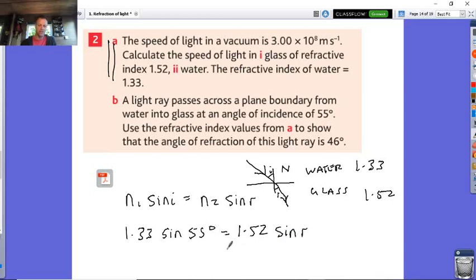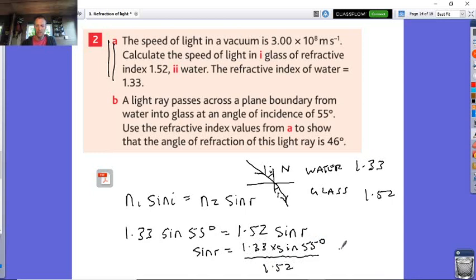Now, rearrange the equation: I then know my sine r is going to equal 1.33 multiplied by sine 55 degrees, divided all by 1.52.